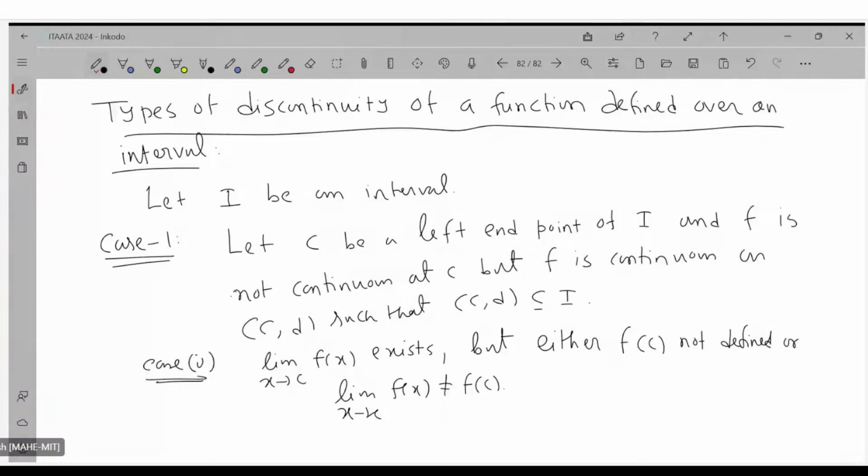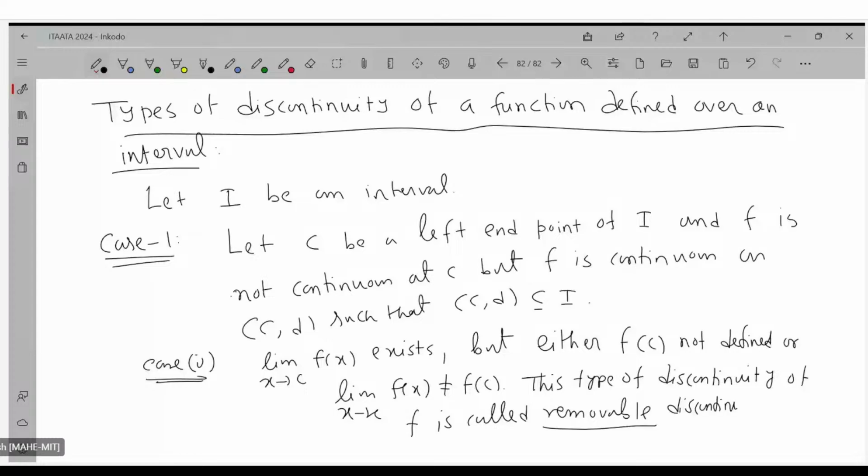Okay. So this type of discontinuity of f is called removable discontinuity of f, and c is called the point of removable discontinuity.